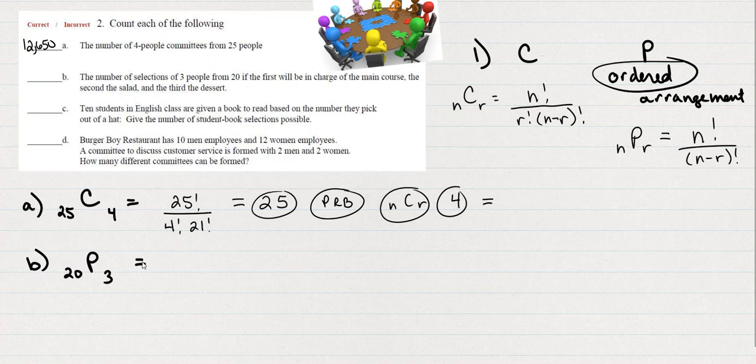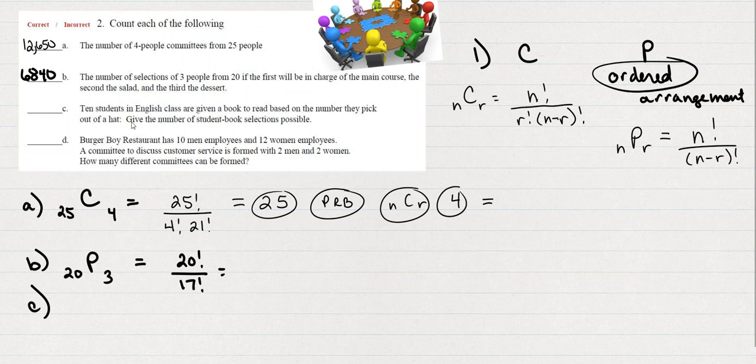I could use the formula, 20 factorial over 17 factorial, or I could put it directly into the calculator, but I'm going to get 6,840.